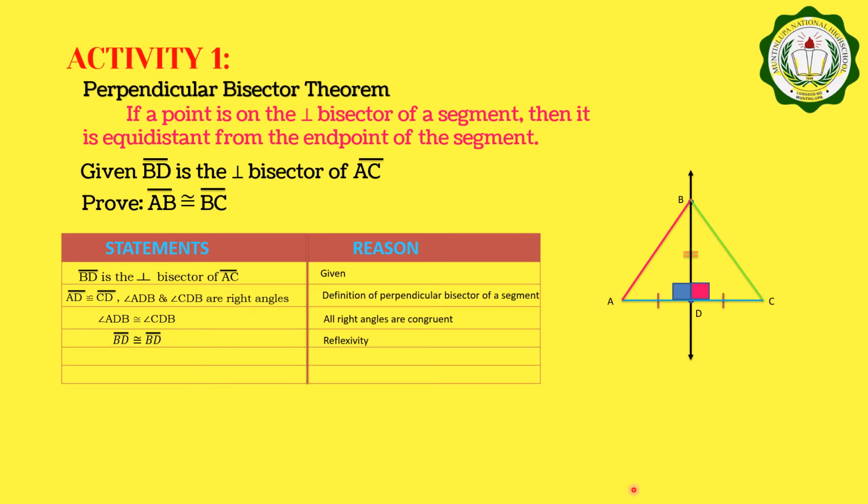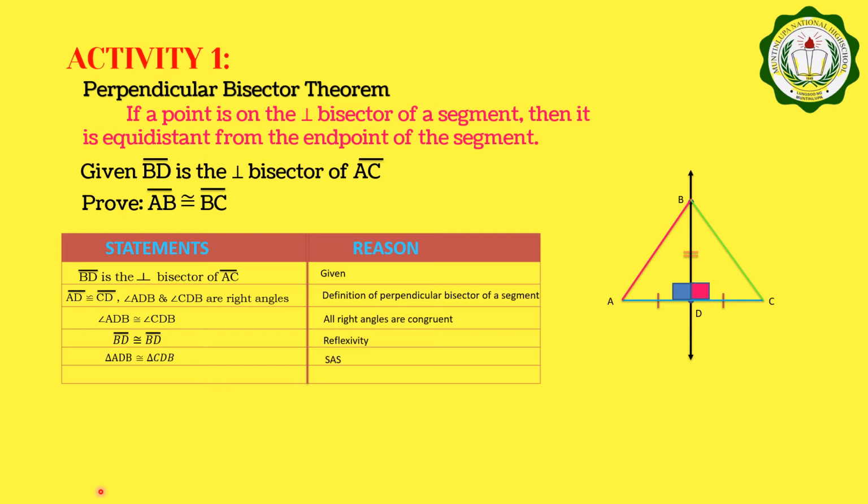Then, triangle ADB is congruent now to triangle CDB. By what congruence postulate?